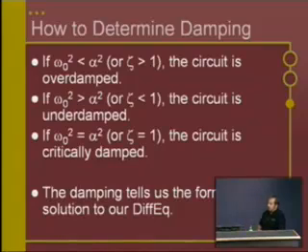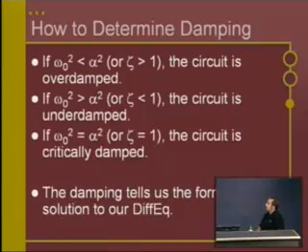So how to determine the damping? We already kind of talked about this. But if omega naught squared is less than alpha squared, given the forms of the equation, then you'll have the real and unequal roots, and the circuit is overdamped. In that case, if you were to solve for it, zeta would be greater than 1.